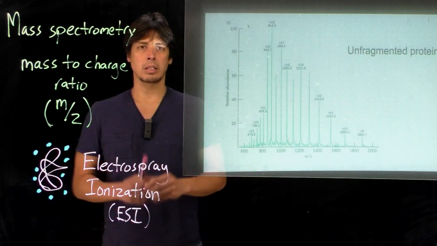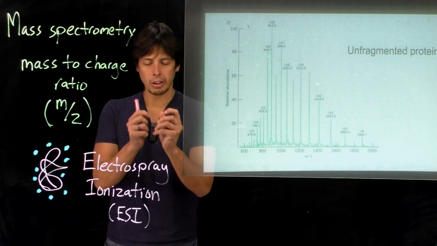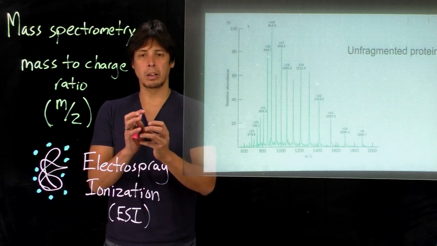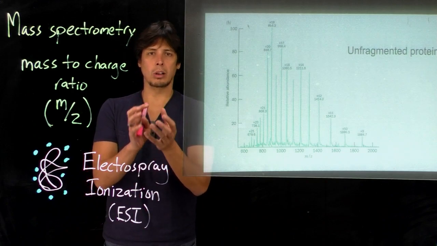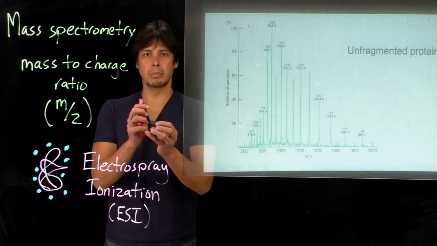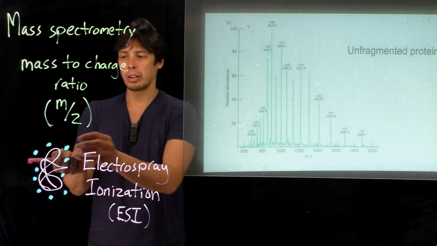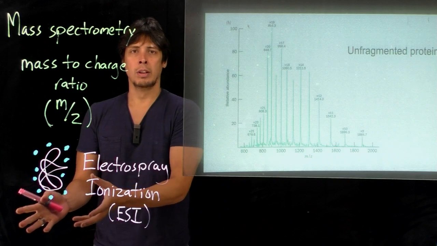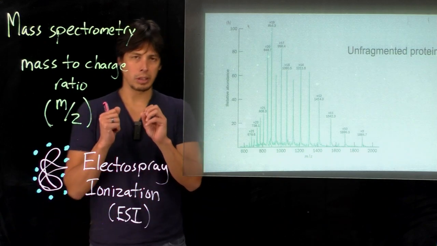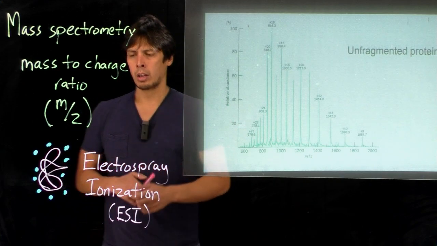What this does is basically spray the protein solution like an aerosol into very tiny droplets, which, because there's such a large surface area to volume ratio, then have their water stripped very quickly. In fact, individual waters from the surface of the protein can be stripped very quickly, which allows the protein, or the peptide fragment, I should say, to enter into the mass spectrometer.